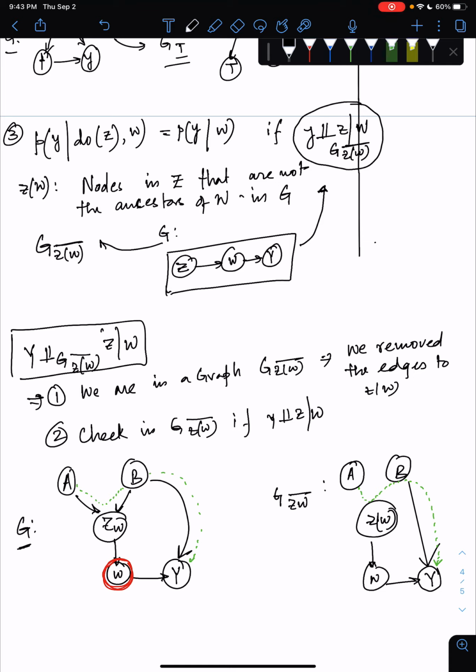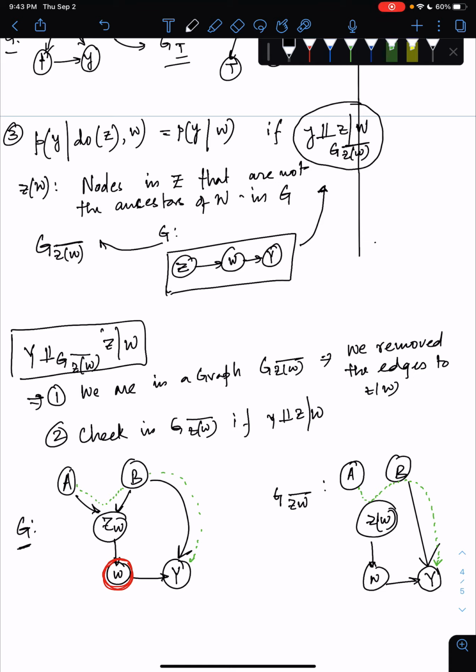But if you check my original graph, I have some structure like this, and here ZW is the collider, and we are conditioning on the descendant of a collider, so we have this spurious relationship, this path. So when I'm going from this to this, the active path is also there, right?